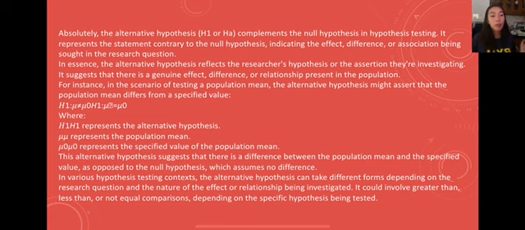This alternative hypothesis suggests that there is a difference between the population mean and the specified value, as opposed to the null hypothesis, which assumes no difference. In various hypothesis testing contexts, the alternative hypothesis can take different forms depending on the research question and the nature of the effect or relationship being investigated. It could involve greater than, less than, or not equal comparisons.